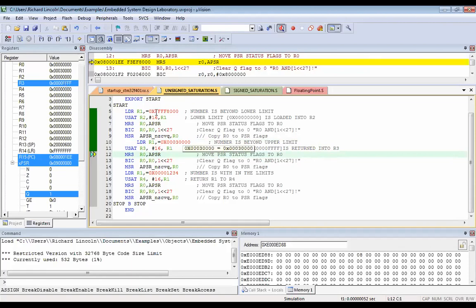Same examples we have taken, just that we are going to change the signed and unsigned values. So the limits are going to change.